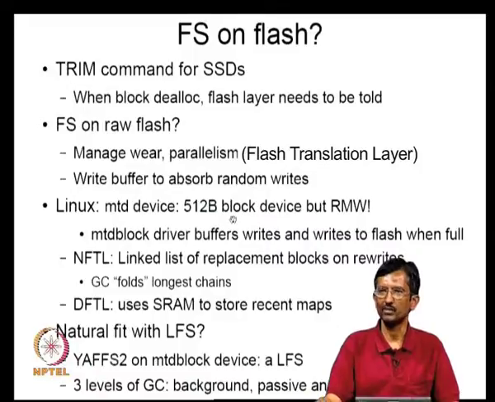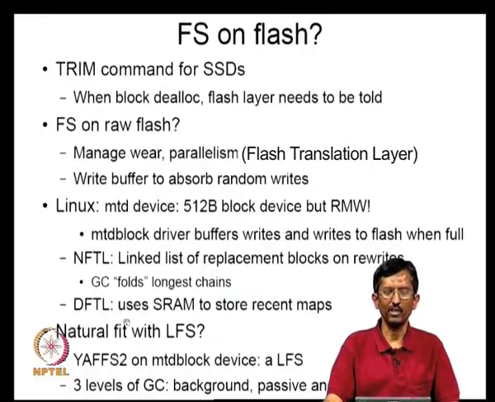It can be close to gigabytes. So that's why most people keep it in the flash itself. That's why you have to go through the linked list of replacement blocks to be able to do garbage collection.